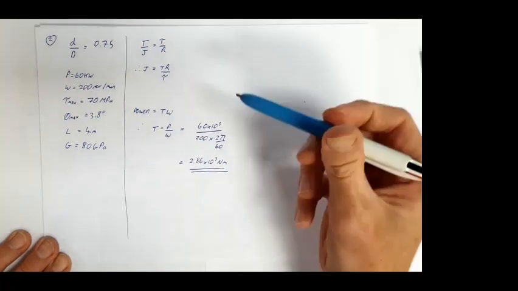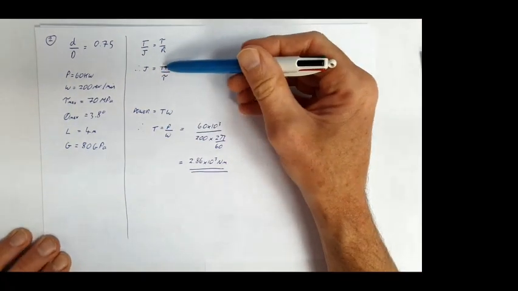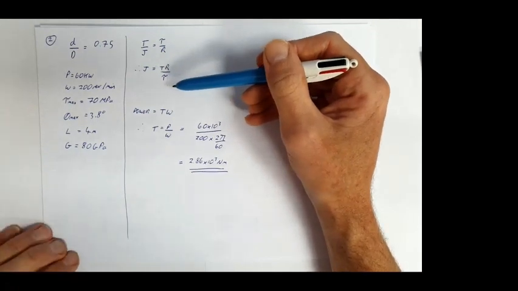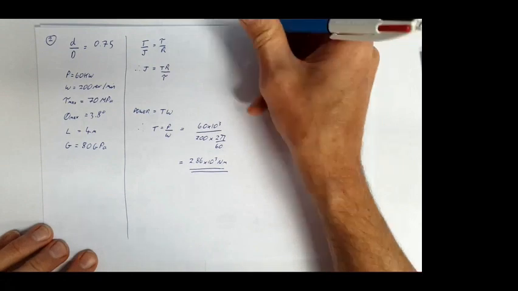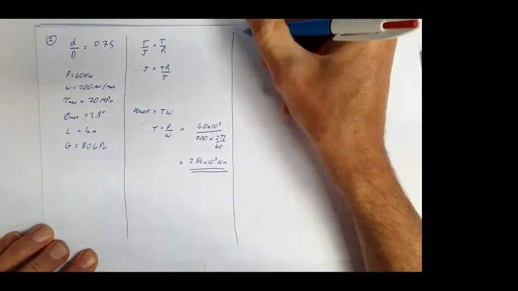Okay, so we've got T. So we know from our torsion theory that T R divided by our shear stress is equal to J. Now, what is J?